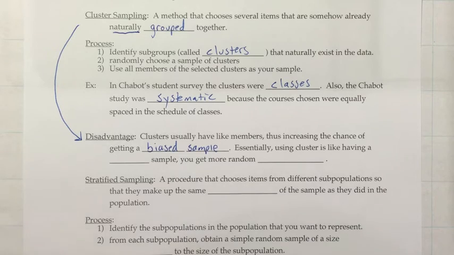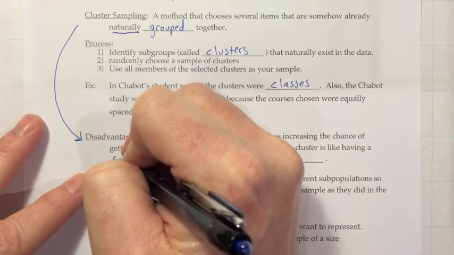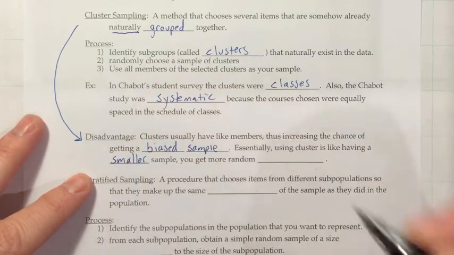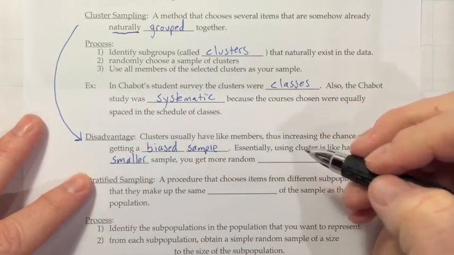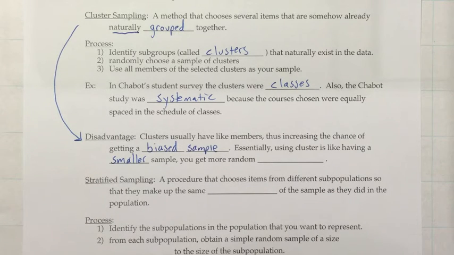Essentially, cluster sampling is kind of like having a smaller sample because you're making fewer random choices. So if I want 600 students and I choose 600 students individually, I'm making 600 random choices. And the more random choices that you make, the less random variation ends up in your results and the more representative your sample gets. Here we may still get to those 600 students, but we might do it choosing only 12 classes.